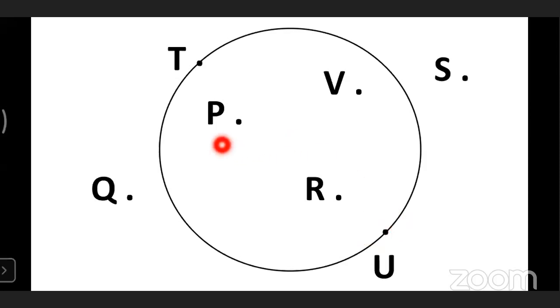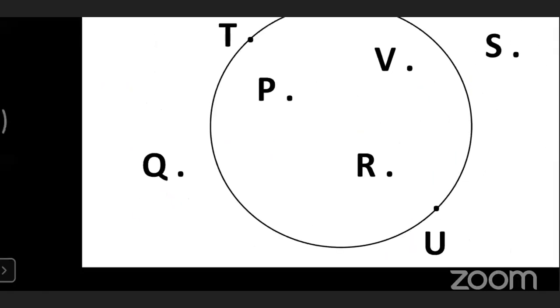So here, point P, point V, point R: these are the interior points of the circle. And point S and point Q: these are the exterior points, right?